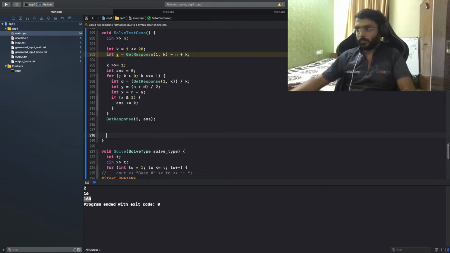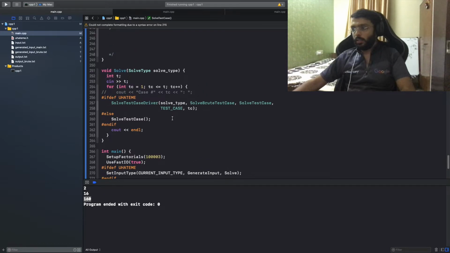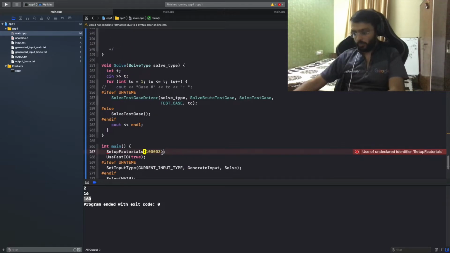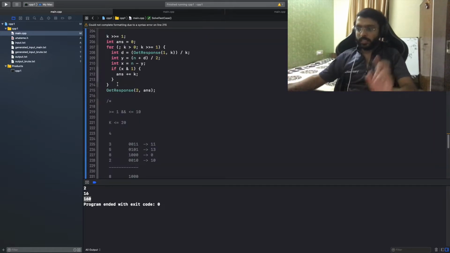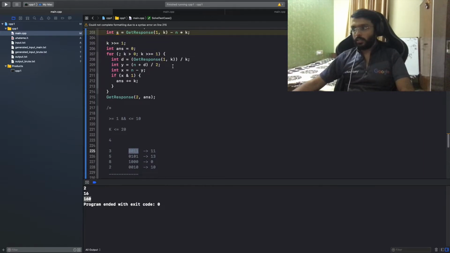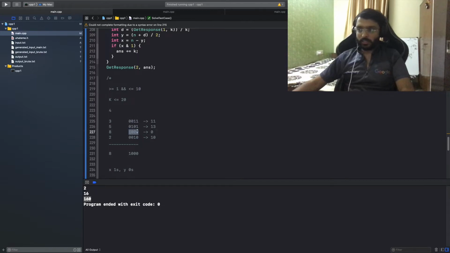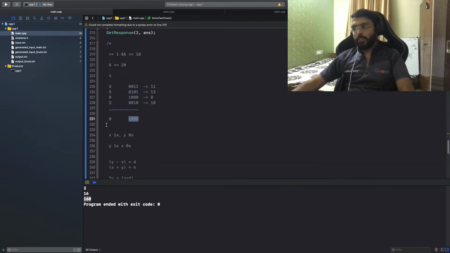So basically, what is happening is, let me actually bring back this thing. And let me just remove this. What this get response actually returns is this XOR k plus this XOR k plus this XOR k. These terms are fine, but I have to eliminate this entire thing, right? So whatever response I got, I will subtract s from that.